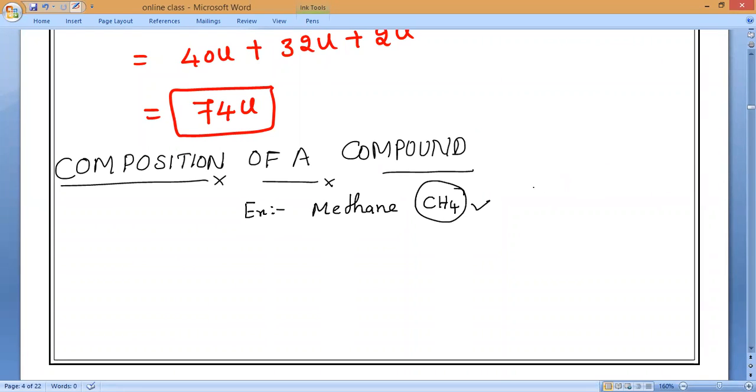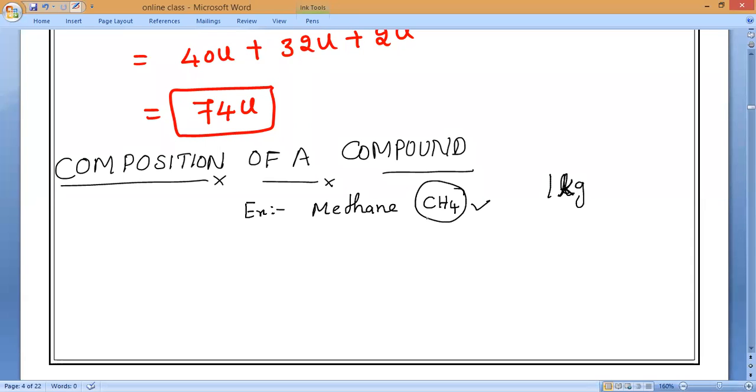For example, I have given you 1 liter or 1 kg. Let me take 1 kg of methane gas. So now if I have taken 1 kg of methane gas, what is the hydrogen percentage and what is the carbon percentage? That is what we are going to do in this composition of a compound.